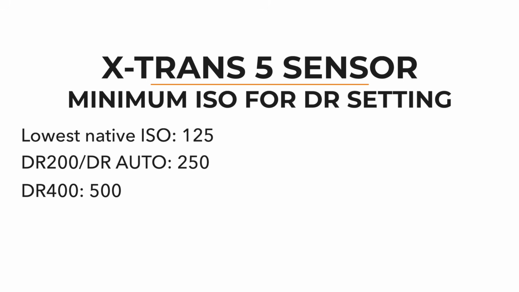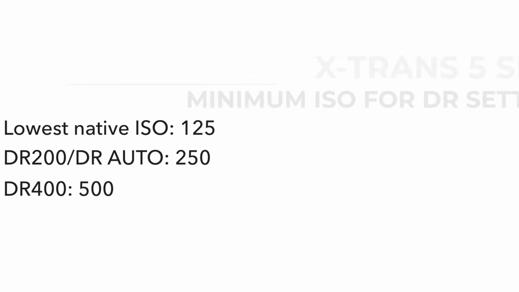You don't have dynamic range settings available to you if you're using the lowest possible ISO. If you want to use dynamic range 200 or dynamic range auto, where the camera chooses between 100, which is really off, and 200, then you need a minimum ISO of 250. If you want to use a dynamic range setting of 400, you need a minimum ISO of 500.